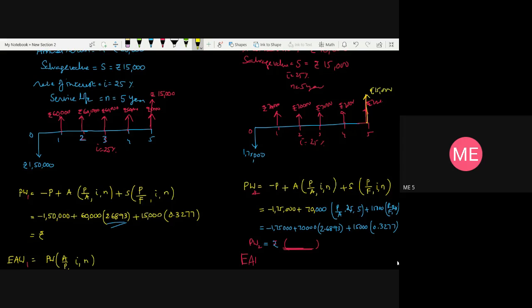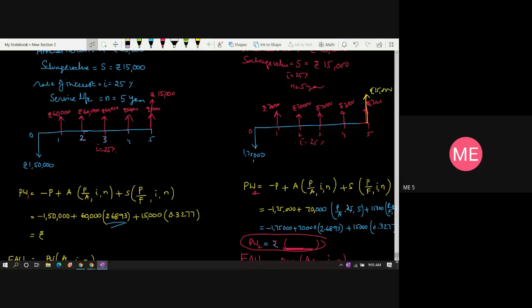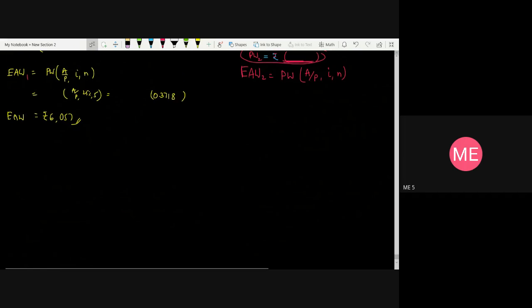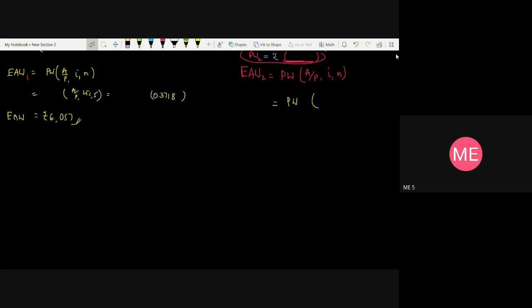So EAW of 2 is equal to whatever present worth you got here, taken as P, into A by P comma I comma N. So this single equation can be used, and then we can calculate: EAW is equal to present worth into A by P comma 25 comma 5, which is 0.3718, and substitute in that equation.